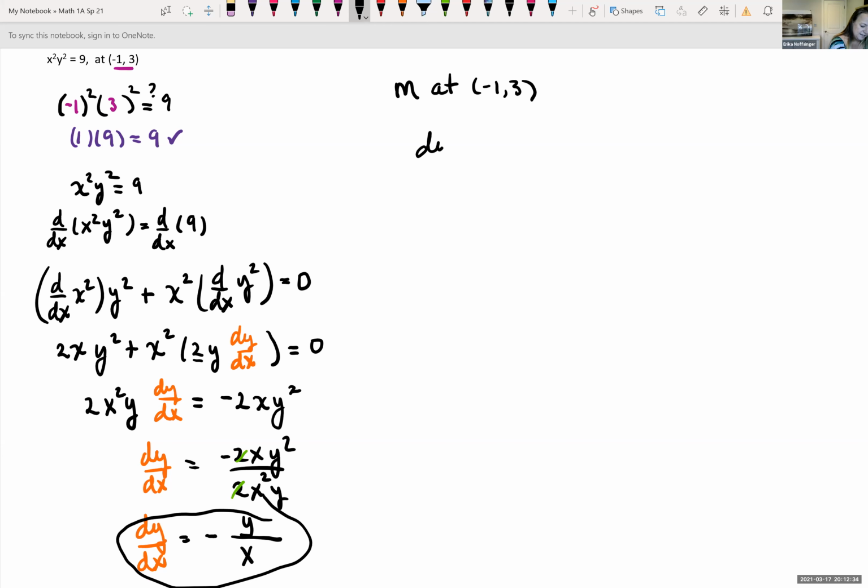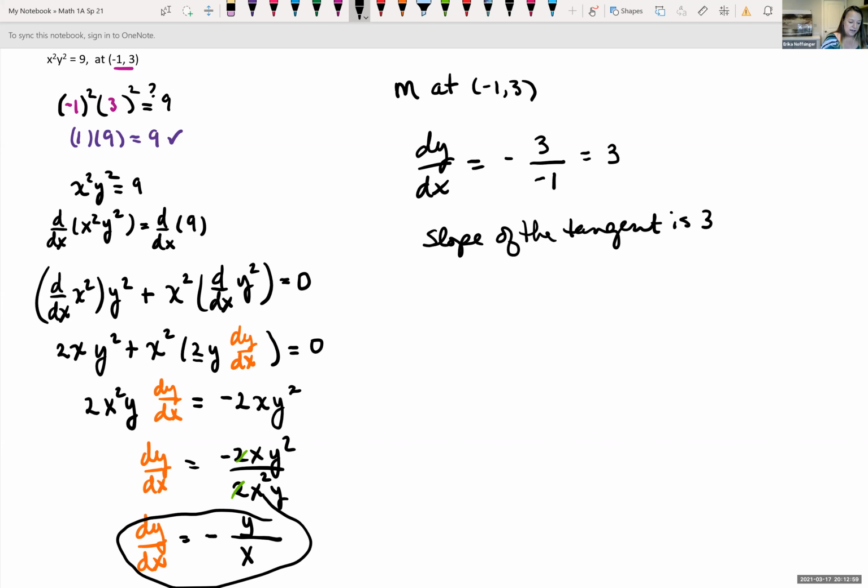So we get dy/dx is equal to negative a y value, which is 3, all over our x value, which is negative 1. So this would equal 3. So our slope of the tangent line is 3.